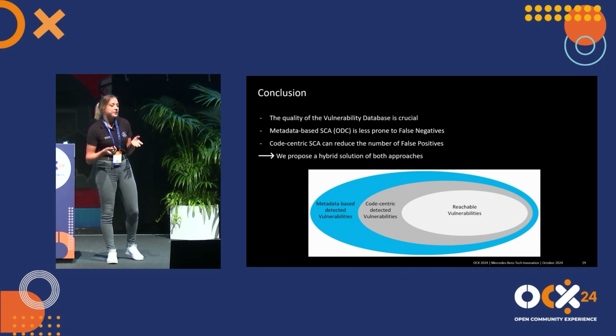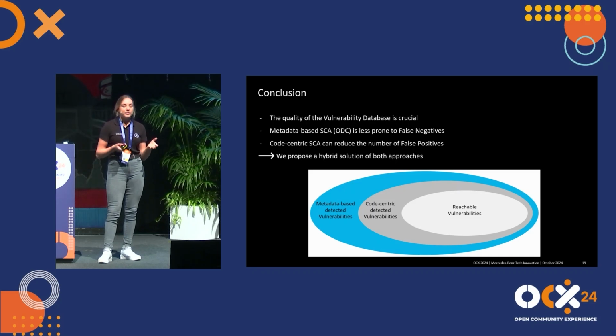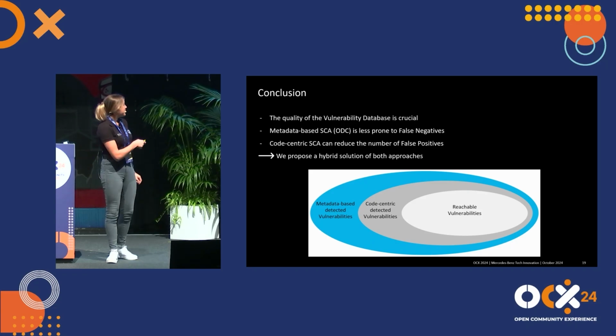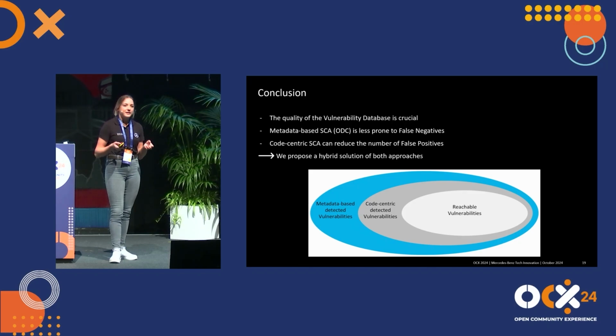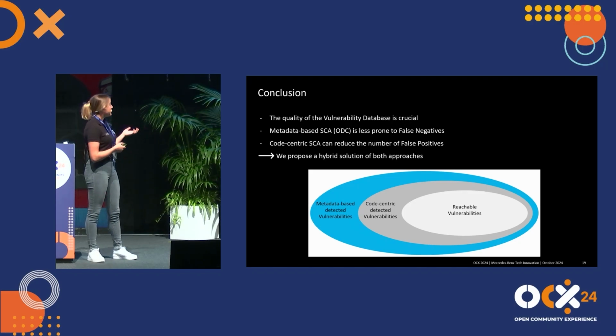This brings us to the solution that maybe a hybrid approach would be the best solution. We cannot tell that vulnerabilities in this area are really vulnerabilities, but we can tell with a certain certainty that vulnerabilities located in here are more likely to be true positives than the other ones. So what do we mean by that?